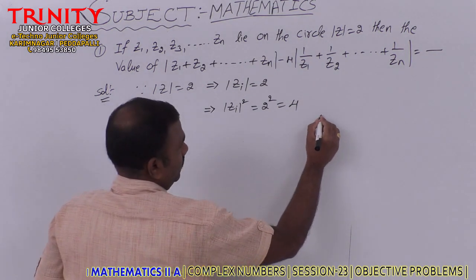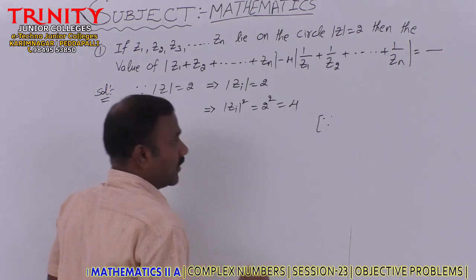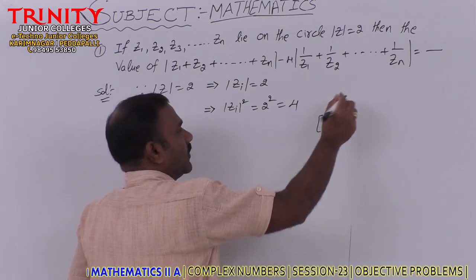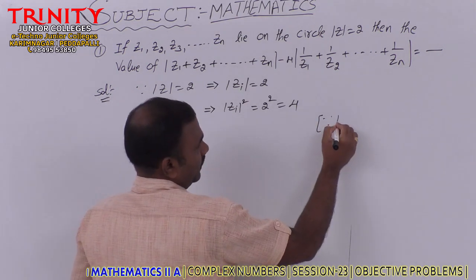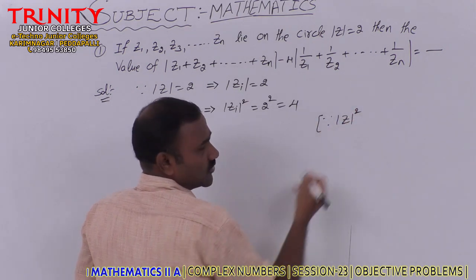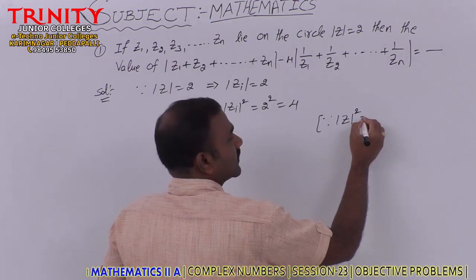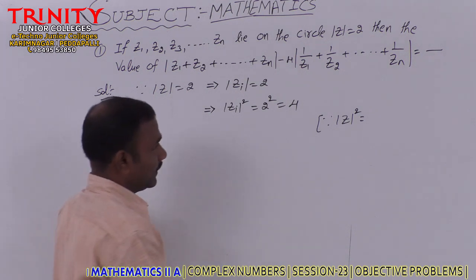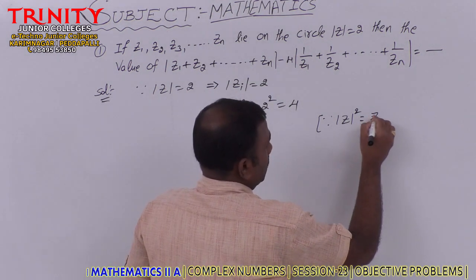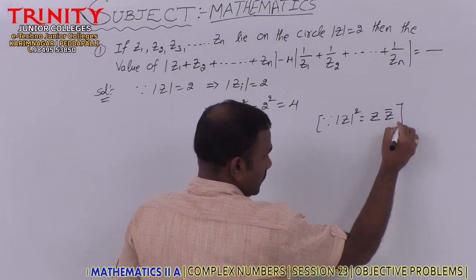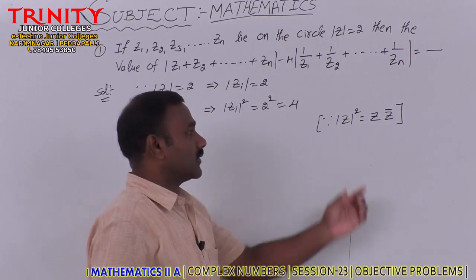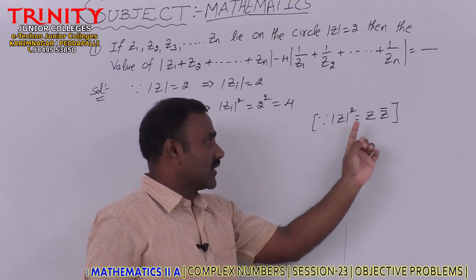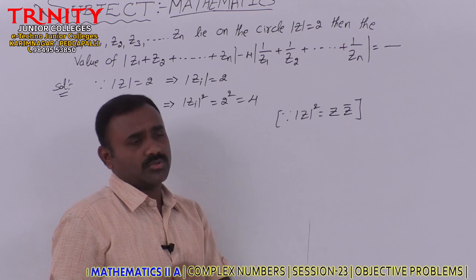One of the modulus properties says mod Z square can be expressed as Z into Z bar.